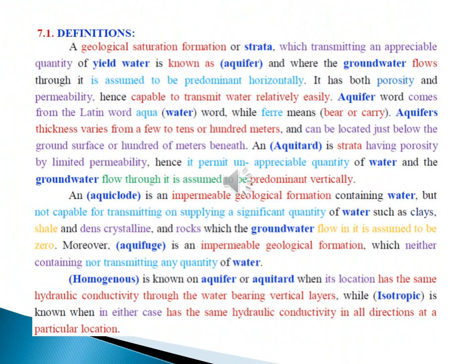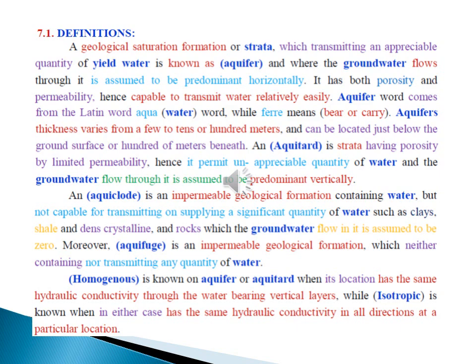A geological saturated formation or strata transmitting an appreciable quantity of water yield is known as an aquifer, and the groundwater flow through it is assumed to be predominantly horizontal. An aquitard is a strata having porosity but limited permeability. Hence, it permits an inapplicable quantity of water, and the groundwater flow through it is assumed to be predominantly vertical.